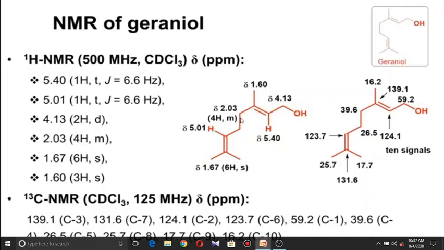Here there are two CH2 groups, all in the same environment, and we get only one peak here at 2.03. Next there is one CH2 group at 4.13.